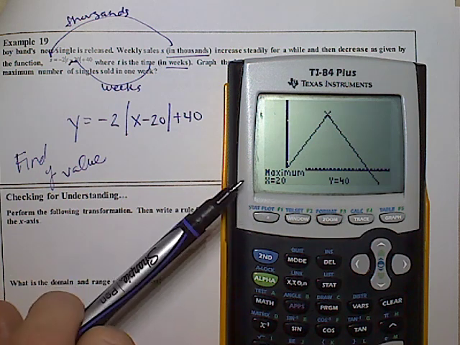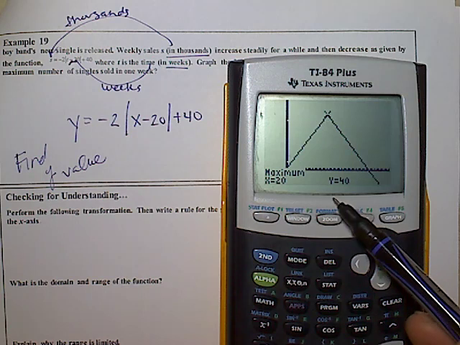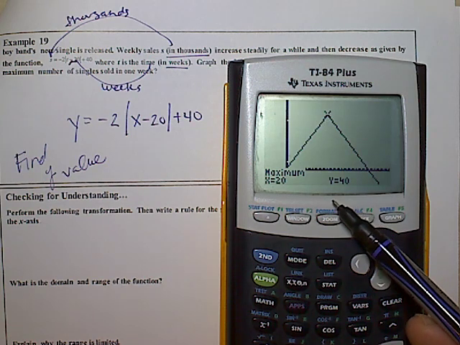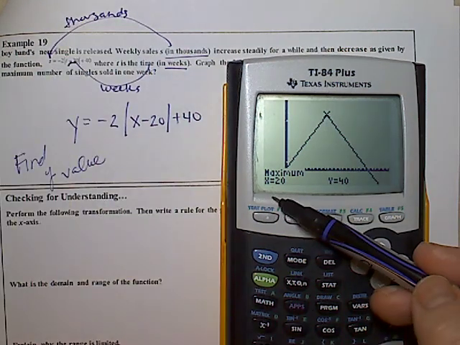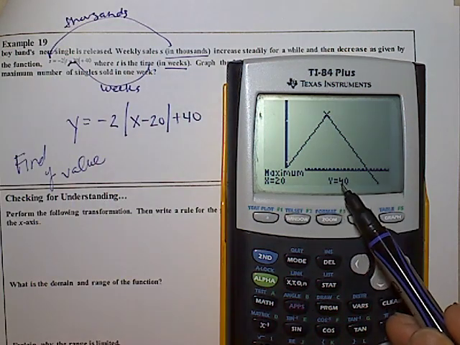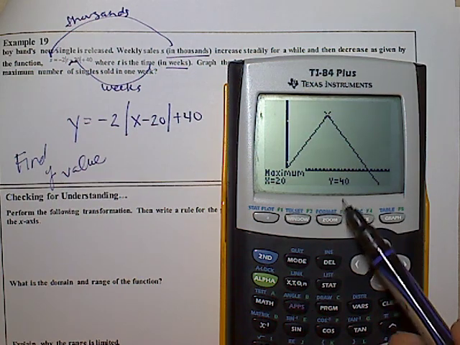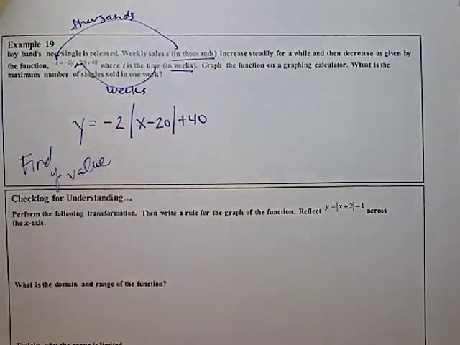So on the 20th week, this boy band had 40,000 sales because she took this times thousands. On the 20th week, this boy band had 40,000 sales. Please write that as a sentence on your paper. Nice job. In the 20th week, this boy band had 40,000 sales.